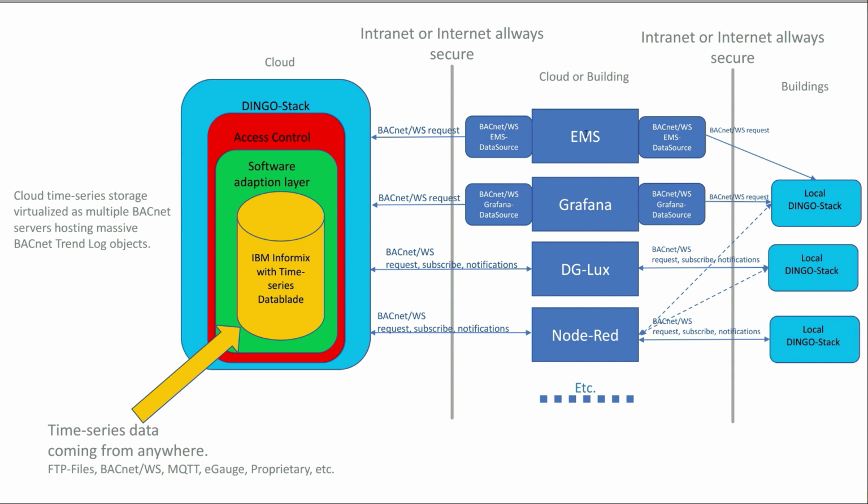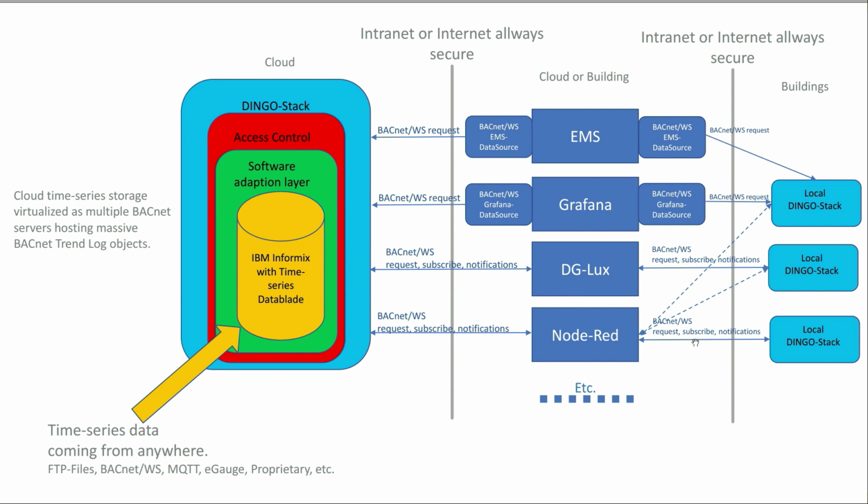If you want to read data directly from a building, then you go this way to the buildings, and exactly the same way you retrieve data and send control data. So you probably don't send very much control data to the cloud server, but this way you can do it.